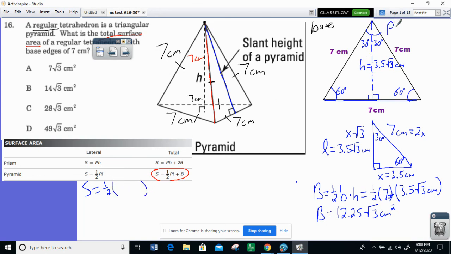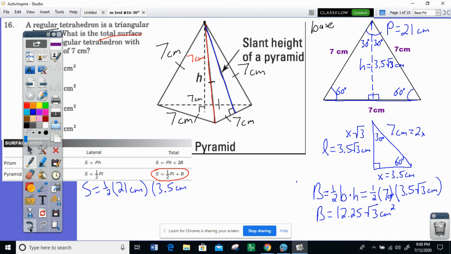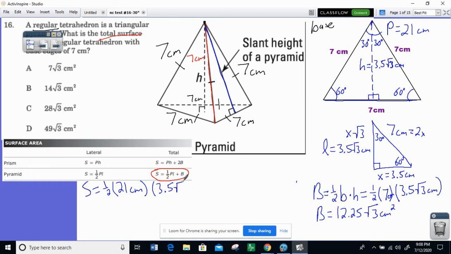The perimeter of the base is 7 centimeters times 3, which is 21 centimeters. 1/2 times 21 centimeters times 3.5 times the square root of 3 centimeters, plus the area of the base that we got right here, which was 12.25 times the square root of 3 centimeters squared.